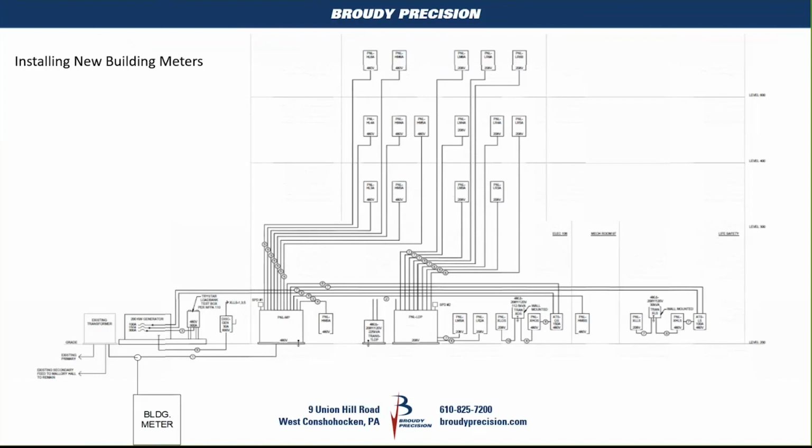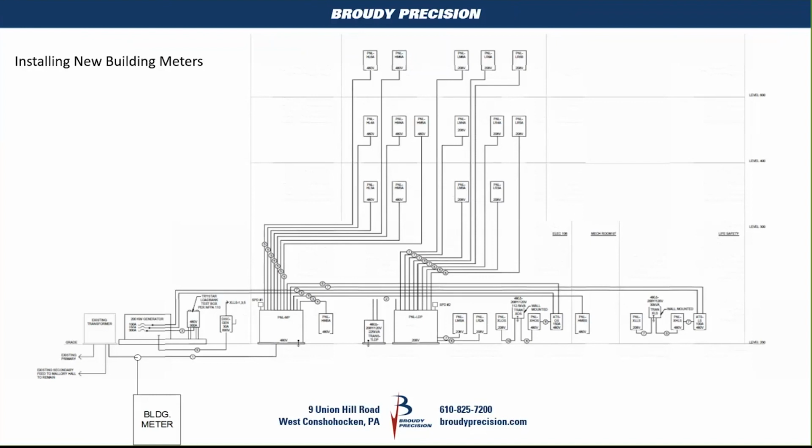We've all heard of tenant billing, and it has a lot to do with the electrical distribution of the building. If our panel up on the 600 level, for example, serves multiple tenants, that's not really a good usage for tenant billing, because that one panel serves two separate areas.